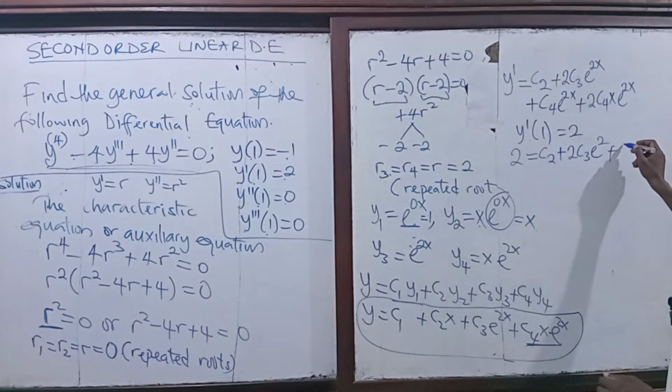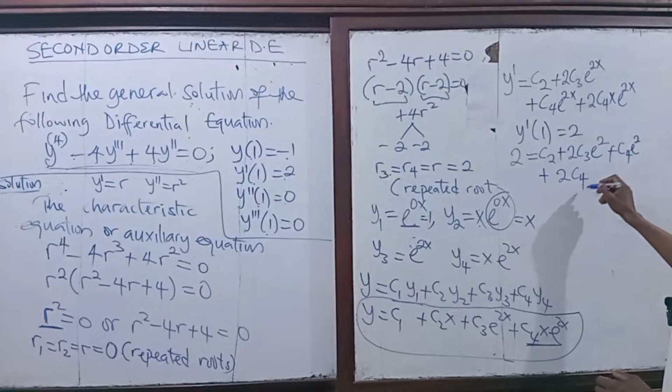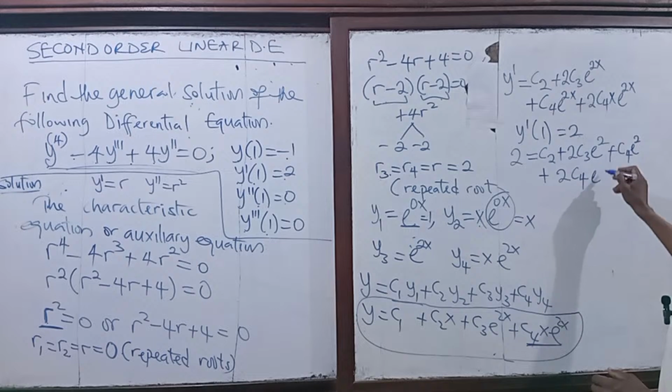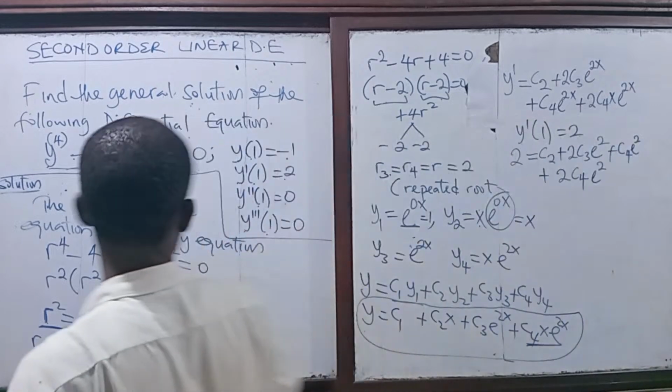That will be C4 e to power 2, and then plus 2C4 e to power 2. So that's what we have there for the first differential.